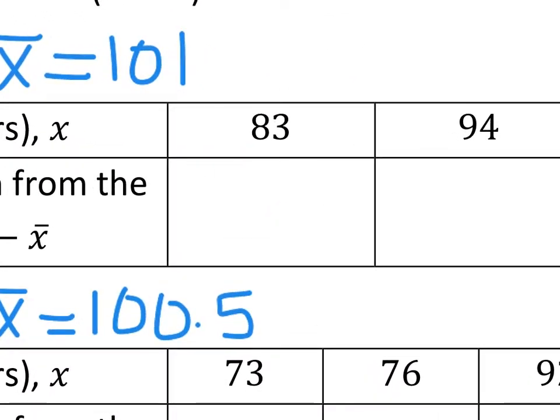Let me zoom in here. We have our data value is 83 minus the mean of 101, and we get negative 18.